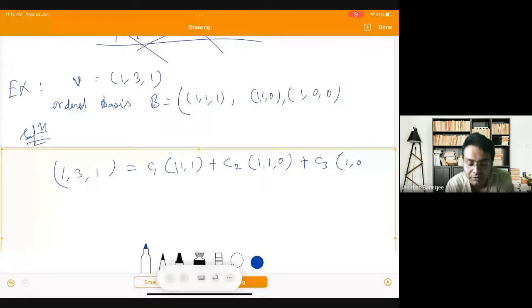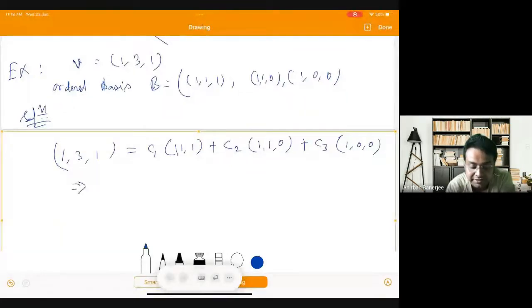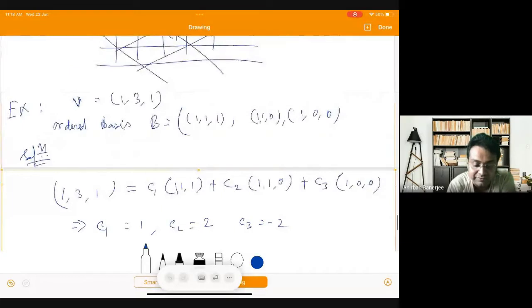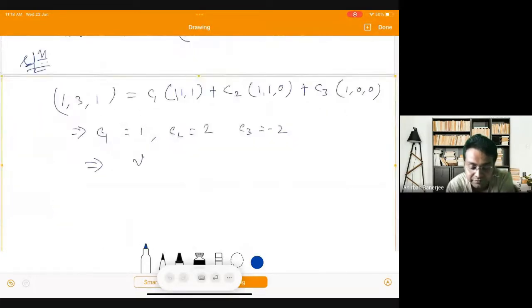If you solve this equation, I'm not going to solve it, you will get c1 equals 1, c2 equals 2, and c3 equals minus 2. So this implies that the given vector v with respect to the coordinate system formed by the basis B can be represented by 1 comma 2 comma minus 2.